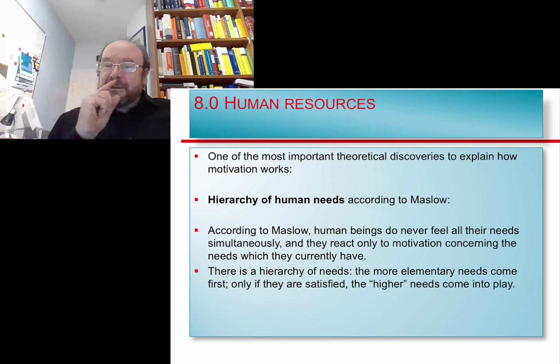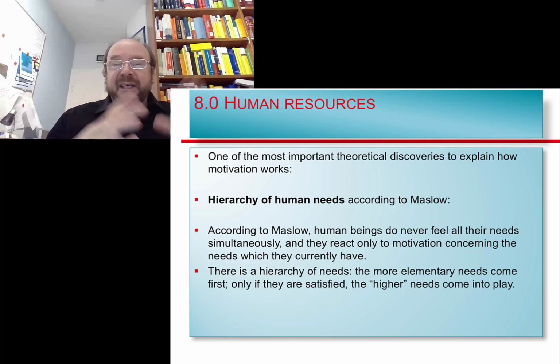Yeah, and one other thing which is really important to understand how motivation works. One of the most important theoretical insights into how motivation works was detected by somebody called Maslow, and that's the hierarchy of human needs. Mr. Maslow established that theory, and his core argument is that human beings never feel all their needs at once.